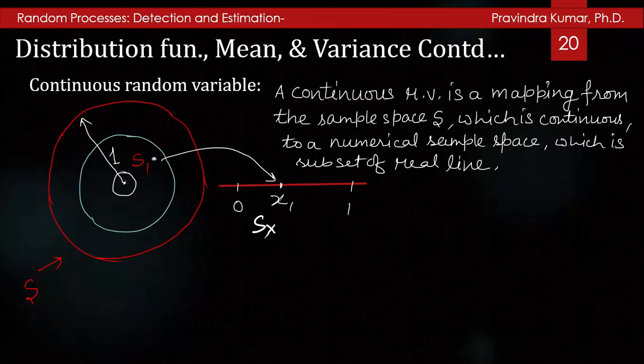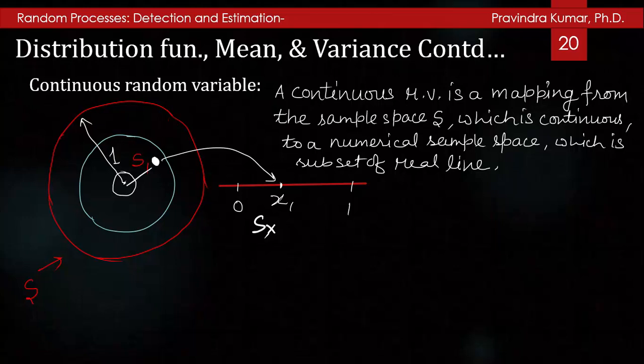The outcome of the shooting experiment is the point S1. This is the circle of radius 1, and the distance from the center is measured and the value is assigned to the random variable for S1.